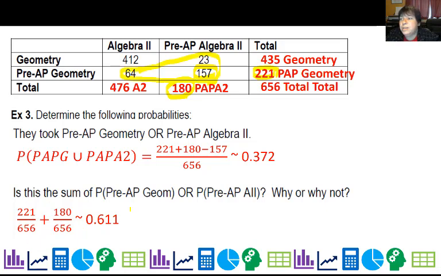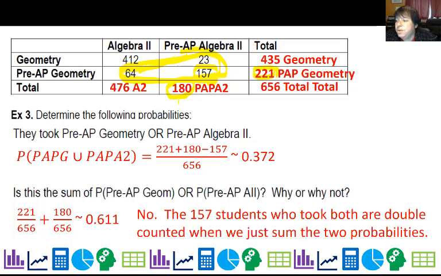And the reason is we're double counting that 157. So it actually gives us a higher answer. And you can see that if you're in pre-AP Geometry, you're much more likely to be in pre-AP Algebra 2. Okay. So the 157 students who took both are double counted when we just sum the two probabilities.